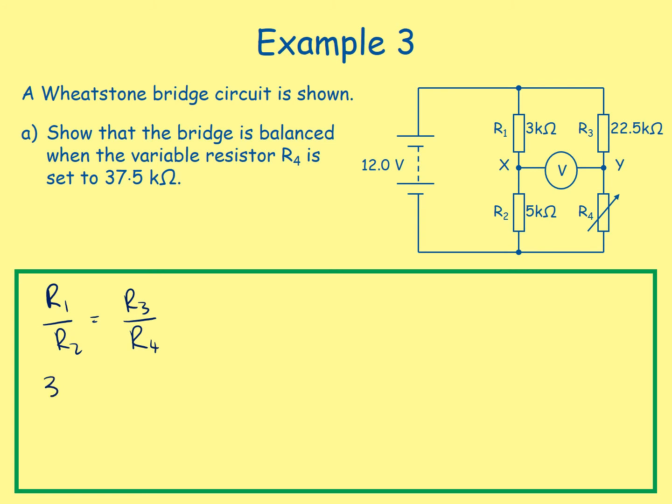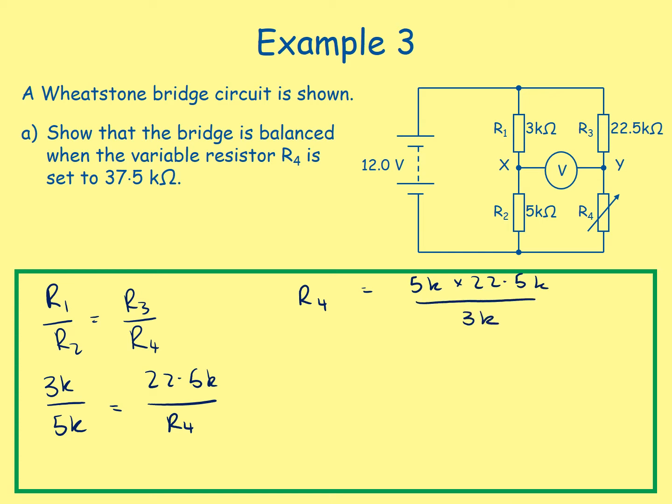So we have 3 kiloohms over 5 kiloohms equals 22.5 kiloohms over this R4. Rearranging this, R4 equals 5 kiloohms times 22.5 kiloohms over 3 kiloohms. Putting this into our calculator, we get 37.5 kiloohms.